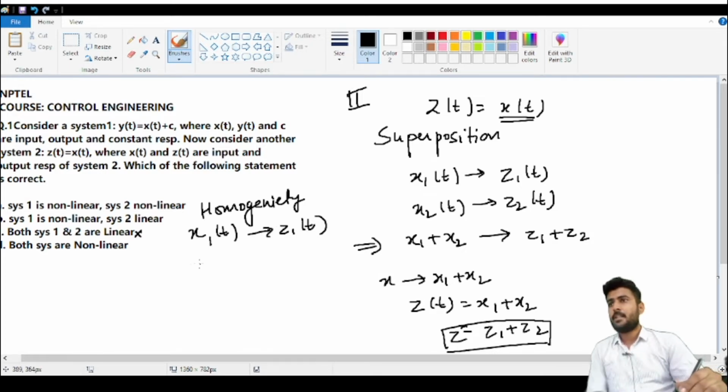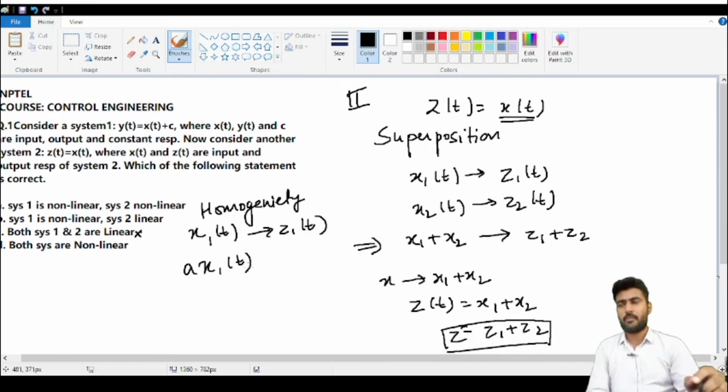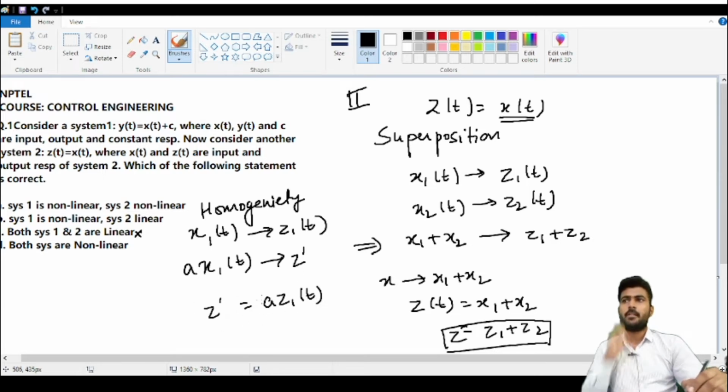Now if the input is a times x1, we have simply scaled the input by multiplying a constant with the input, and it will provide us with the output, say z dash. So z dash should be equal to a times z1. If this holds, then we can say that the second system follows both superposition and homogeneity, and system 2 is linear.